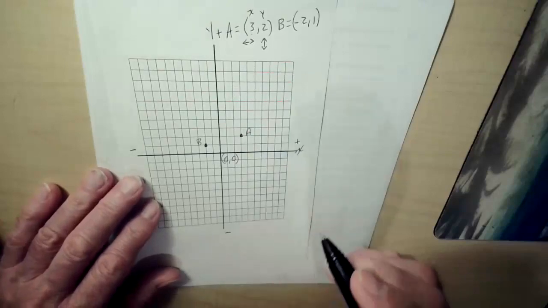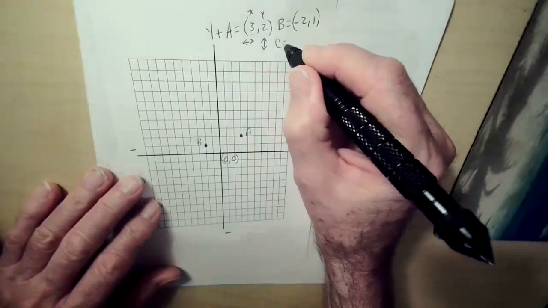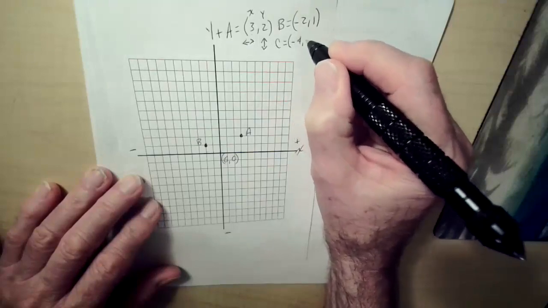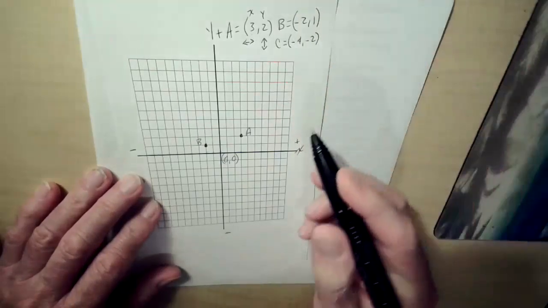Now let's say that C is negative 4, comma negative 2.